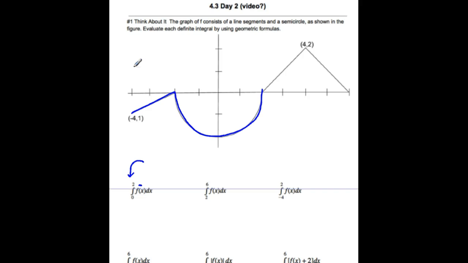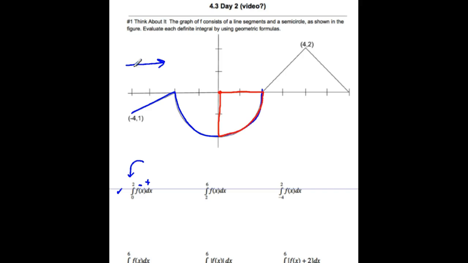Dx is our change along the x-axis, and as long as we're going that direction, dx will be positive. So really, when I'm asking you to do the integral from 0 to 2 of f of x dx, what I'm asking you to find is the area under the curve from 0 to 2, which would give me this quarter of a circle.